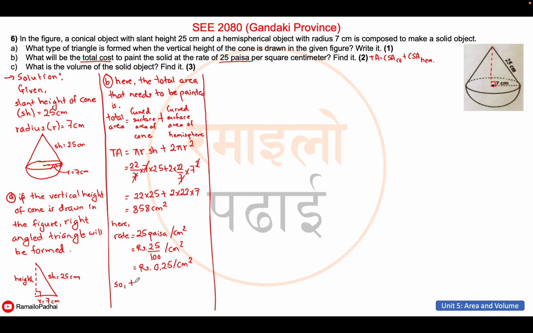So the total cost required is TA multiplied by rate. Total area TA is equal to 858 centimeter square, times rupees 0.25 per centimeter square, and this will give us rupees 214.5.